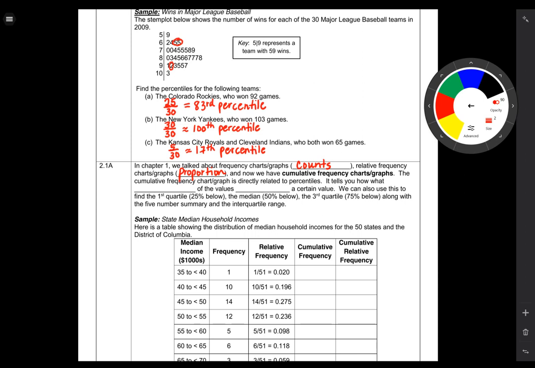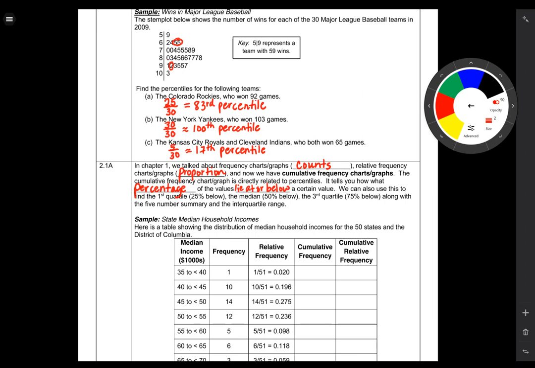It tells you what percentage of the values lie at or below a certain value. We can also use this to find the first quartile, 25% below, the median, 50%, the third quartile, 75%, along with the 5-number summary and the interquartile range.